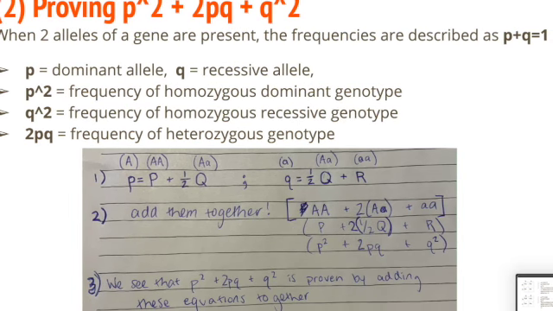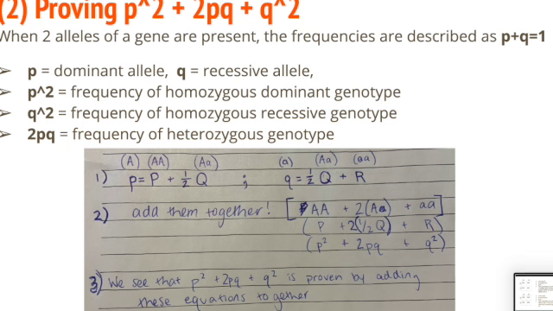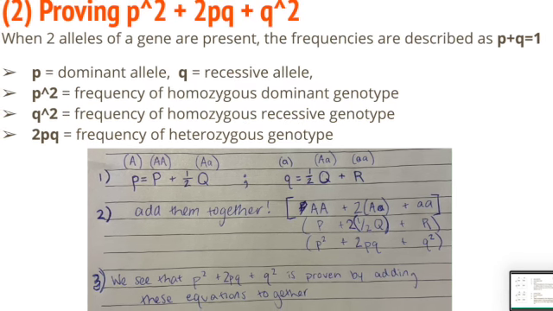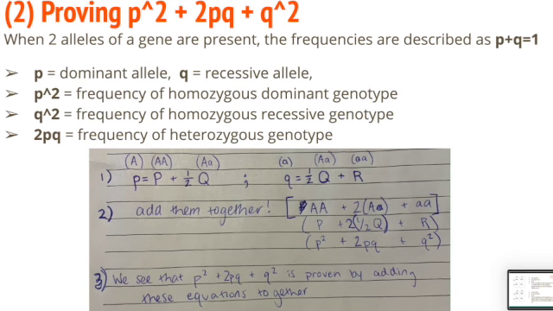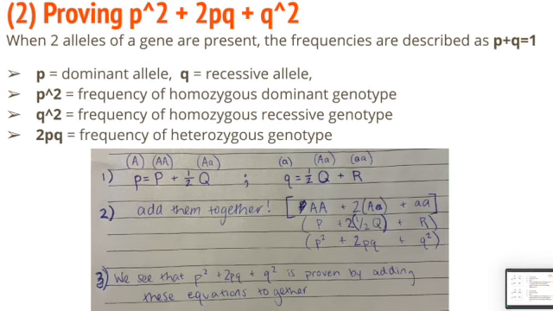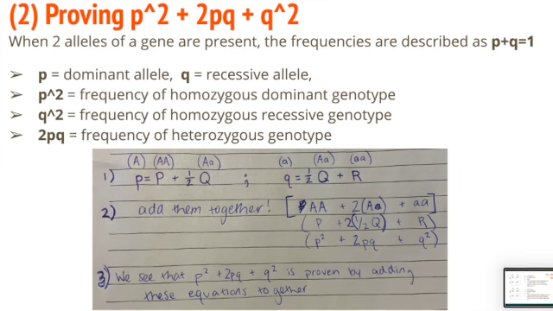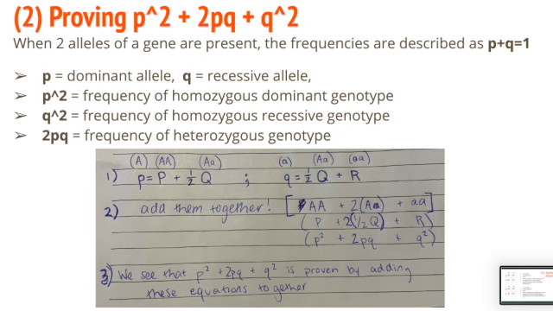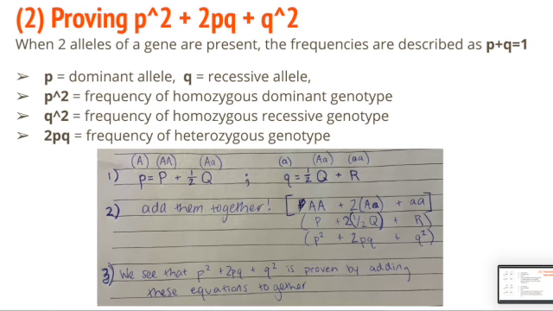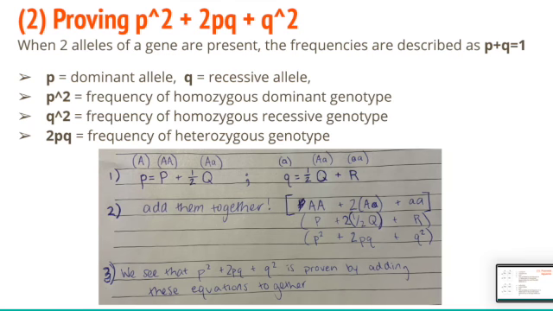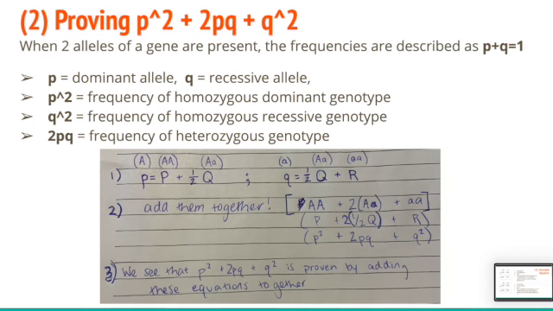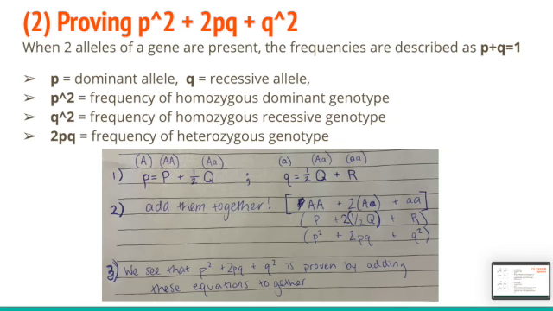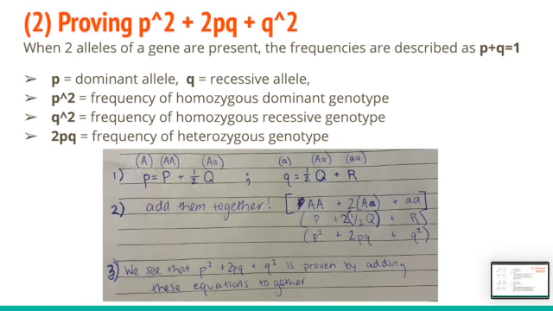Using the two equations and substituting p squared for P, since those represent the frequency of homozygous dominant, and substituting Q, or uppercase Q, for 2pq, since that is representative of the heterozygous genotype, and substituting R for q squared, since that's representative of the homozygous recessive, we were able to justify that p squared plus 2pq plus q squared equals 1.